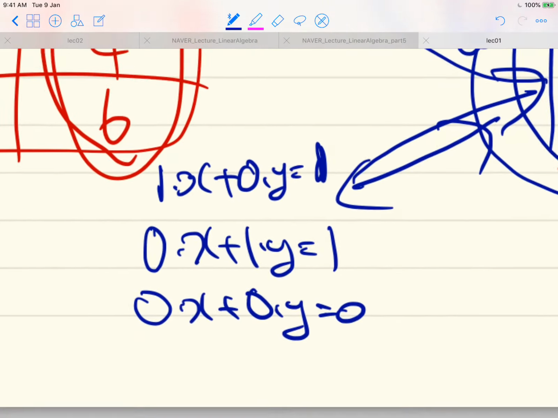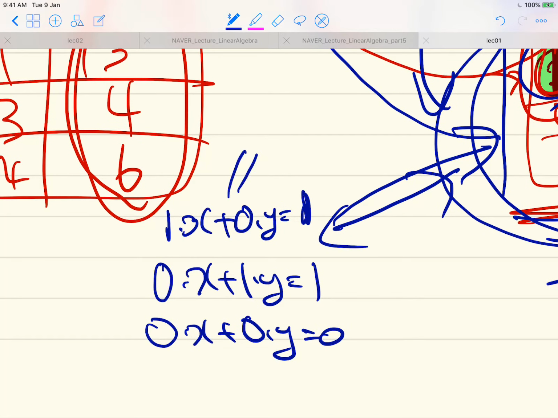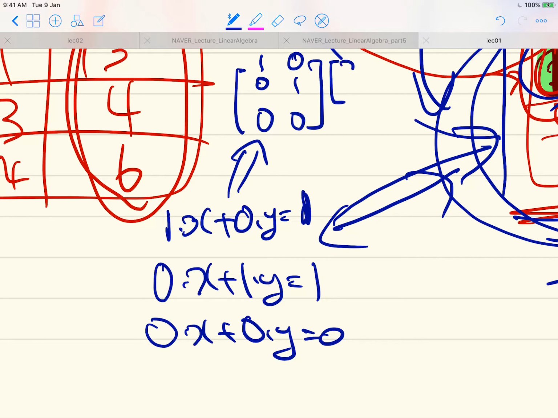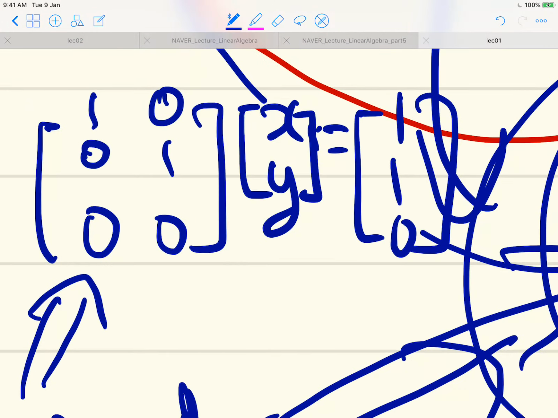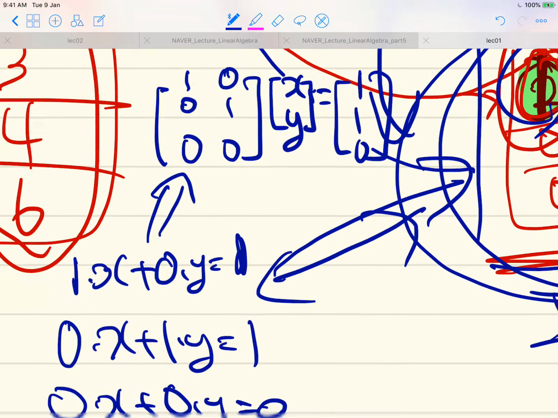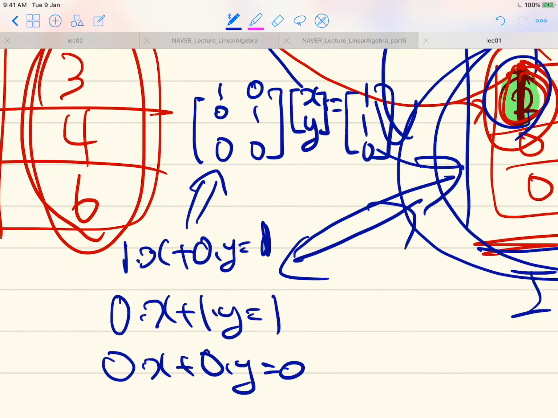So in this case, it can still be viewed as the matrix 1, 0, 0, and 0, 1, 0 times x and y equals 1, 1, 0, sorry for getting messy here. So we can represent this set of equations as that single matrix equation.